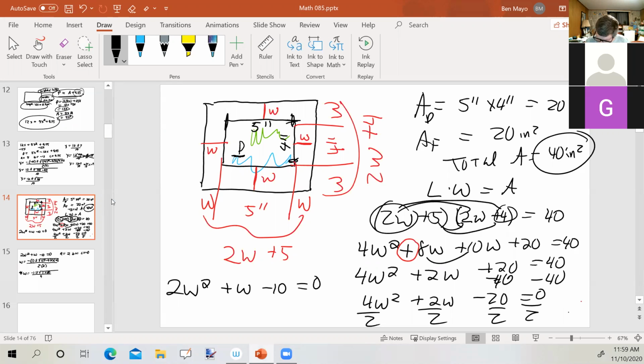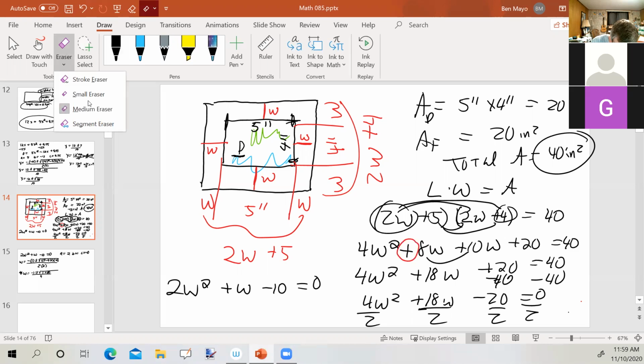You see that? Yeah. So now let's go back and fix my error. So that's going to be 18w. I must be having another Monday. So this is going to be plus 9w.